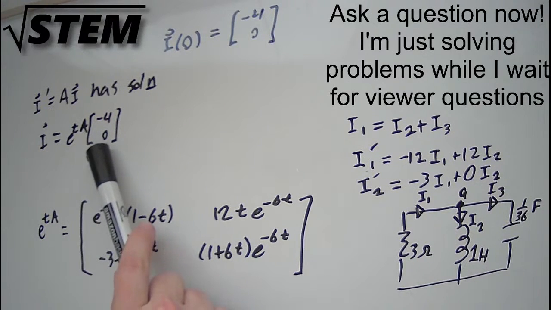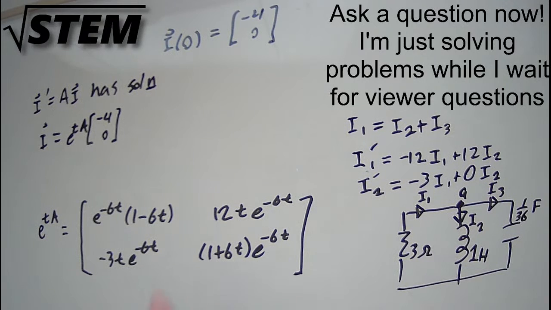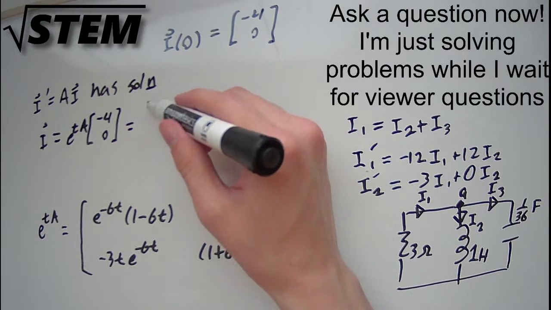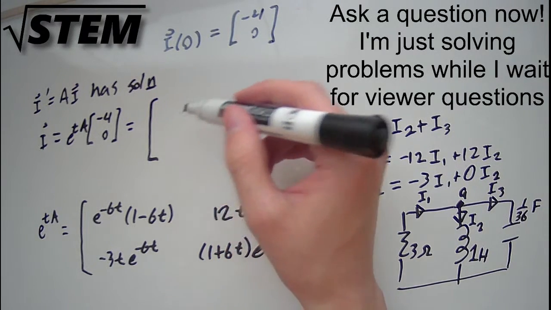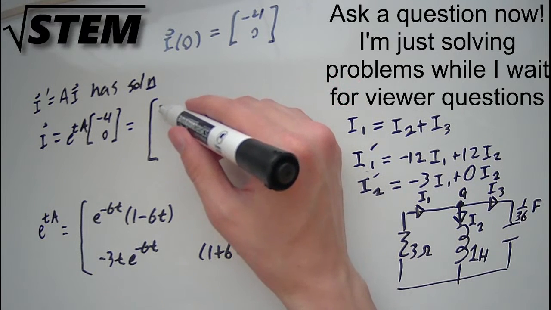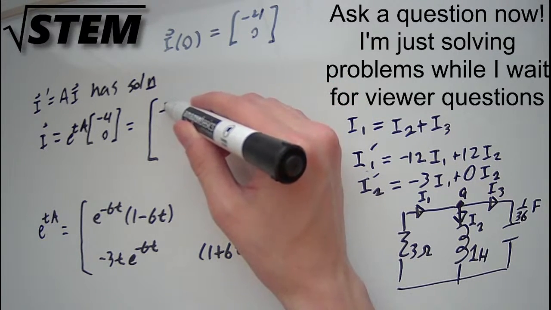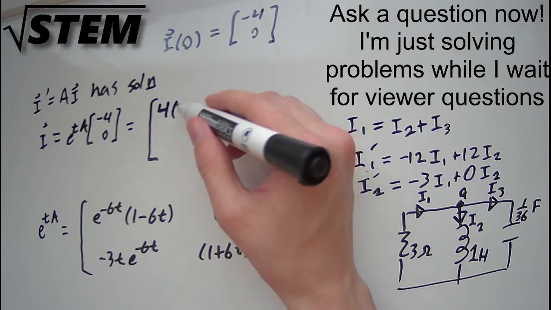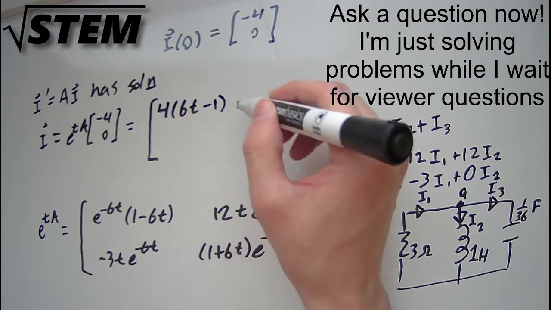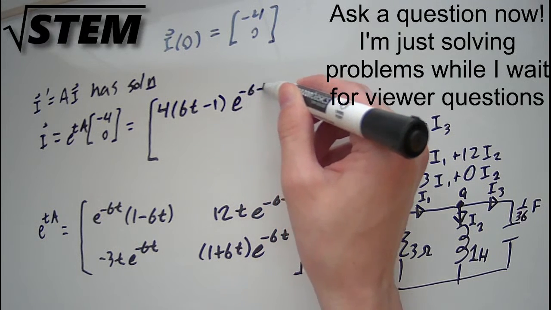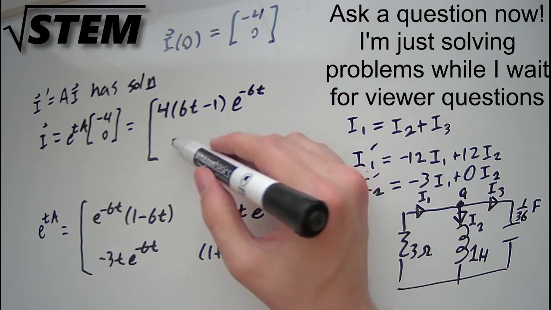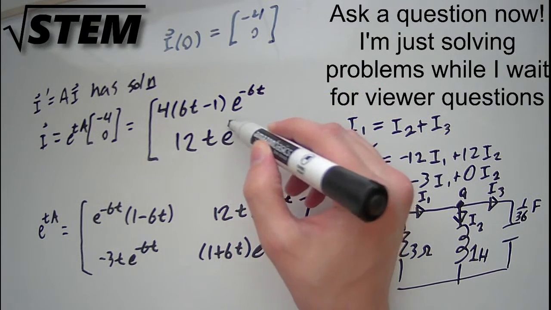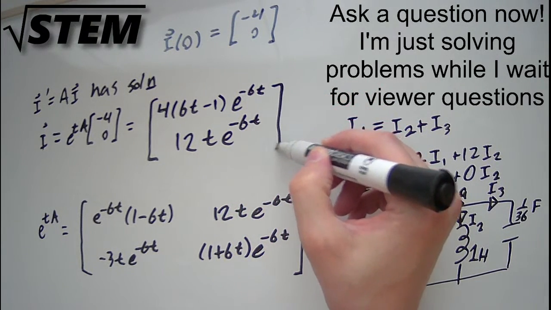And when we do this vector multiplication, we're going to take negative 4 of the first column and 0 of the other column. So this is going to be a 2 by 1 vector, and it's going to be, we'll say, 4 times 6t minus 1 e to the negative 6t, and 12t e to the negative 6t.